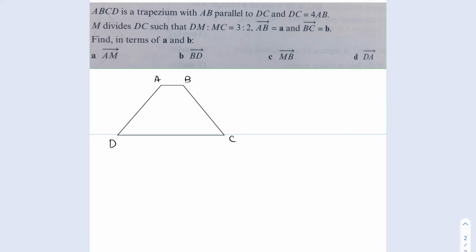So I've got M divides DC such that DM to MC is the ratio 3 to 2. So perhaps somewhere here, if I divide DC into like 5 parts, DM will be 3 of them and MC will be 2.